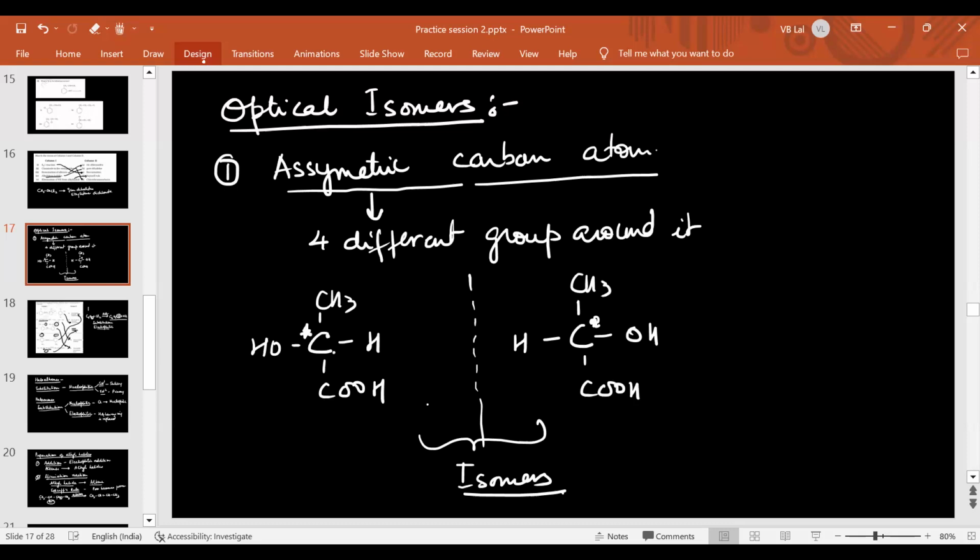So this isomer and this isomer have a difference in orientation in space, because of which one property is different. The only property which is different is that they deflect plane polarized light at different angles. One deflects the plane polarized light to the left and the other to the right.